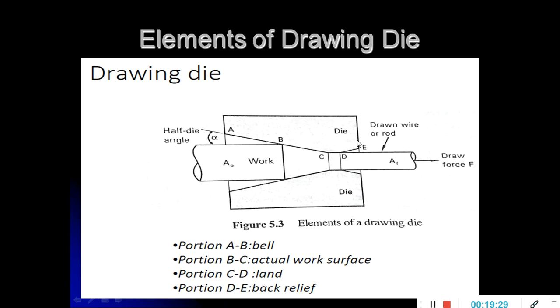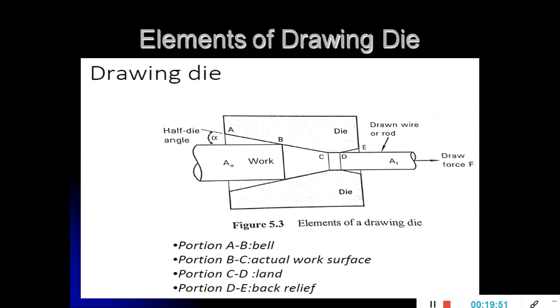Then the last portion is known as the back relief. This DE is nothing but the back relief. Back relief is the last portion of a drawing die, which also does not come into contact with the drawn products.